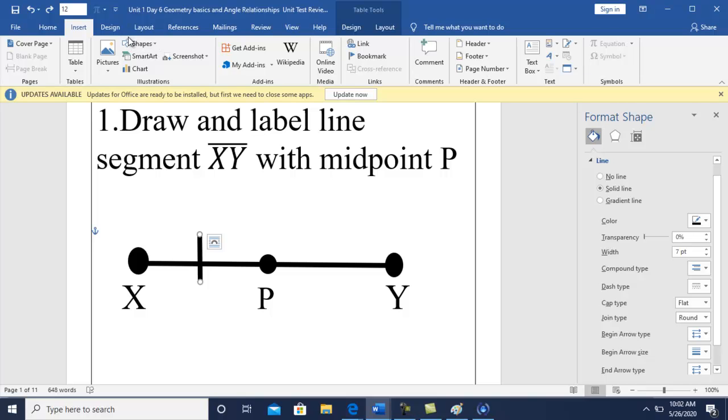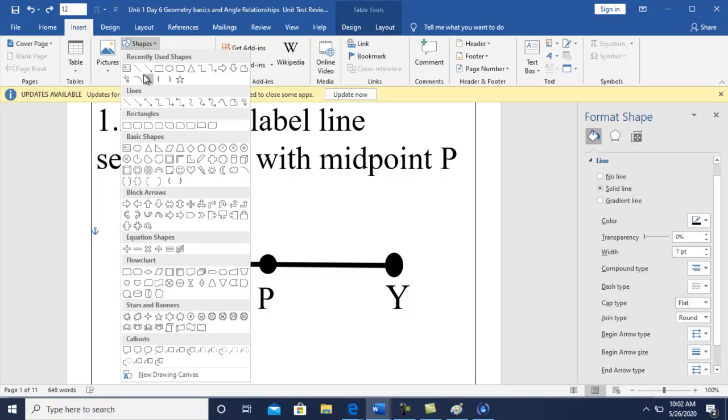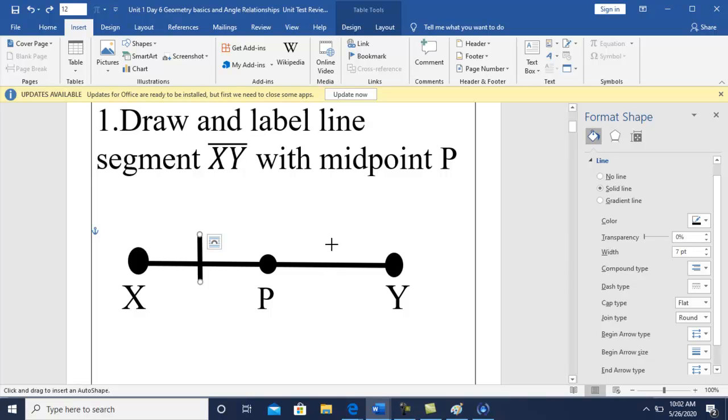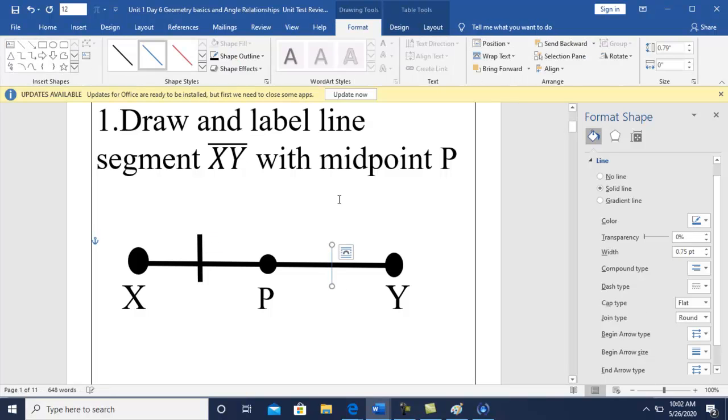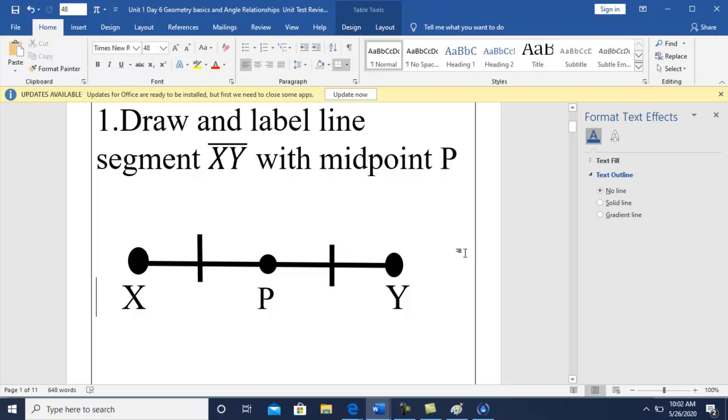That didn't work, so we're going to try the next one. And again, a second tick mark. That's just going to tell the reader that the two sides are congruent to each other. That's all they're asking for. So that's number 1.